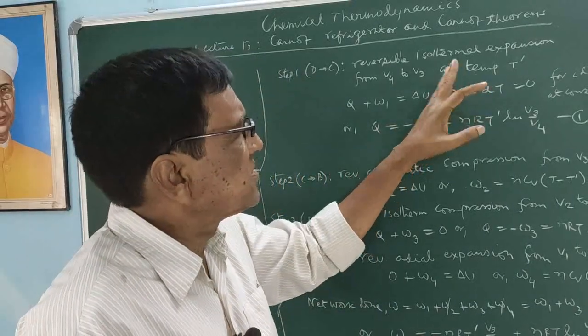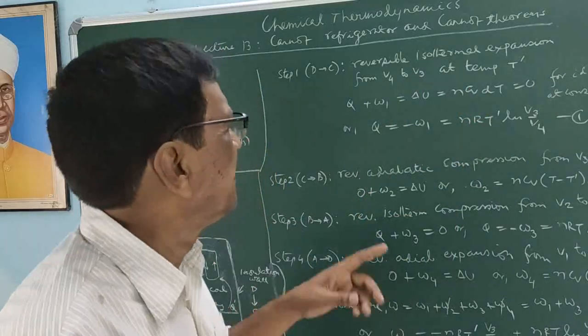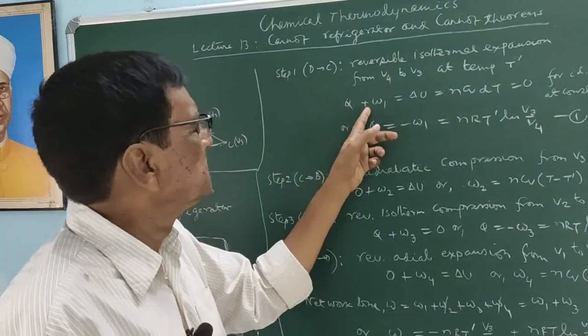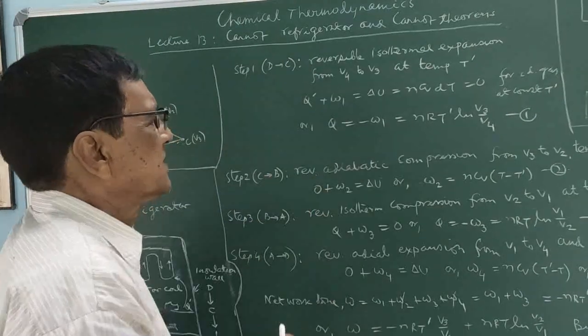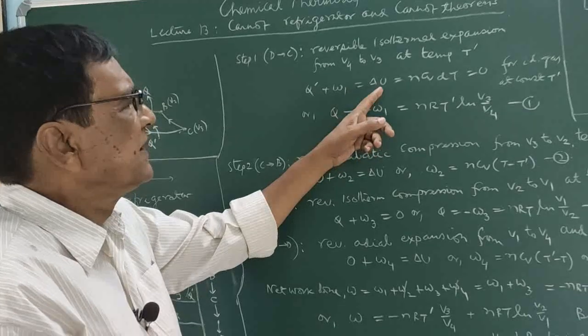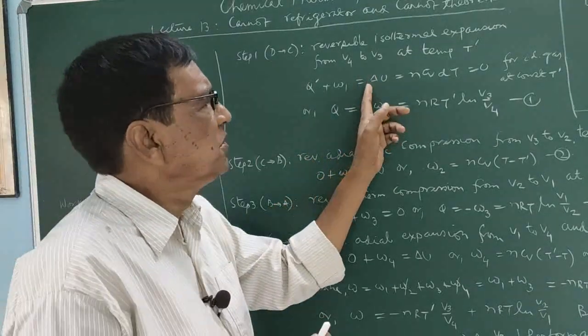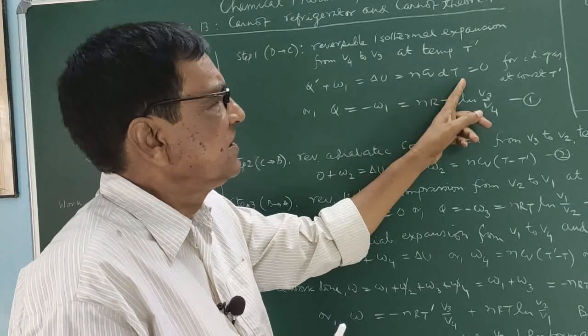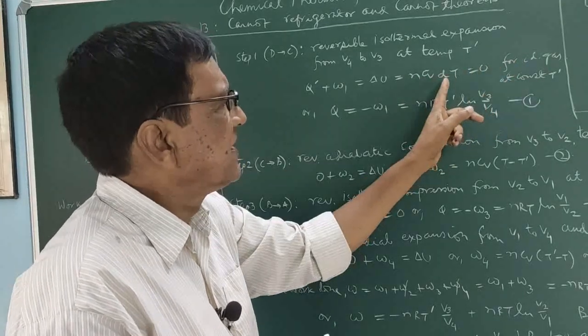Applying the first law, Q dash plus W1 equals delta U. But delta U equals nCv dT, which equals 0, as this gas is an ideal gas.